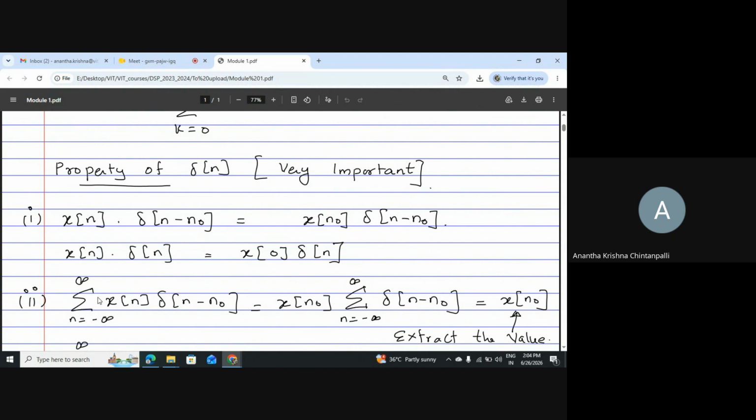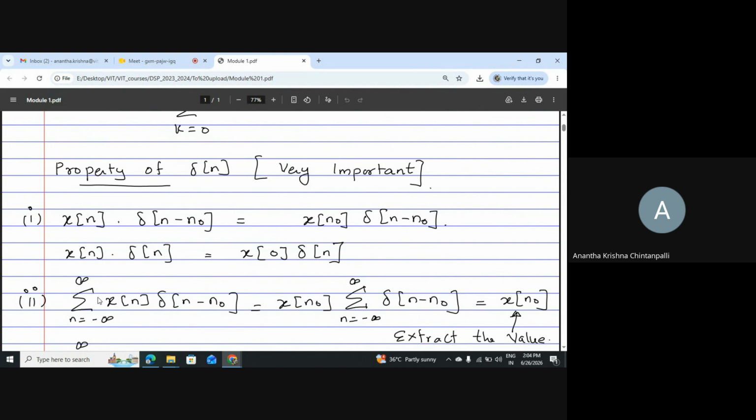So x of n, since you are multiplying with delta of n minus n naught, or delta of n minus 2, the non-zero value would only occur at x of 2, which is x of n naught. For other values of n, except n equal to 2, the values are 0. That's why it is delta of n minus n naught.